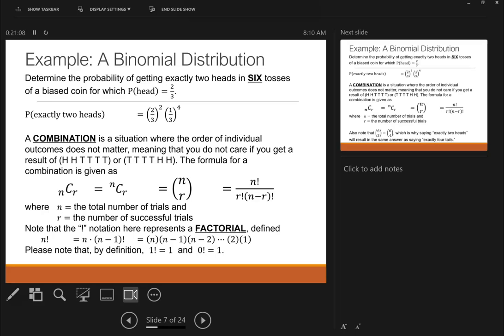Worth noting that because we're talking about the number of ways to count something, or the number of ways you can order something or arrange something, 1 factorial is 1. If I take one object, how many different ways can I arrange that one object? One way. If I take 0 objects, how many different ways can I arrange those 0 objects? Still one way, right?